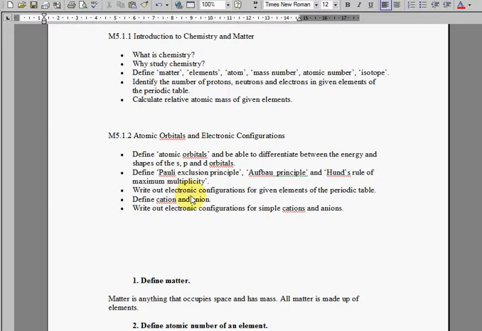And then we move down to the electronic configurations to the shells. We look at isotopes or ions, the cation and the anion, and then electronic configurations of simple cations and anions. So we're going to have a look at that right now, because that is the composition of lecture 1.